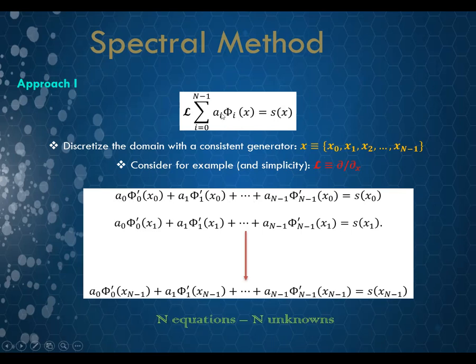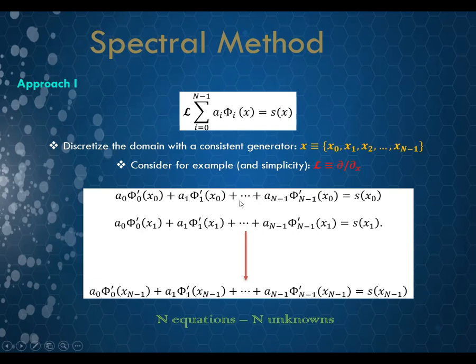This is the expansion of this summation after acting this operator, the first derivative with respect to x, at x0, the first of the grid points, equals s at x0, and so on for other grid points. This is a system of n equations and n unknowns. The unknowns are the coefficients of the series a0, a1 to an minus 1. And these are the n equations.